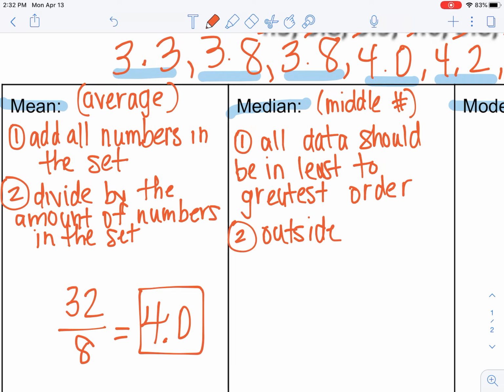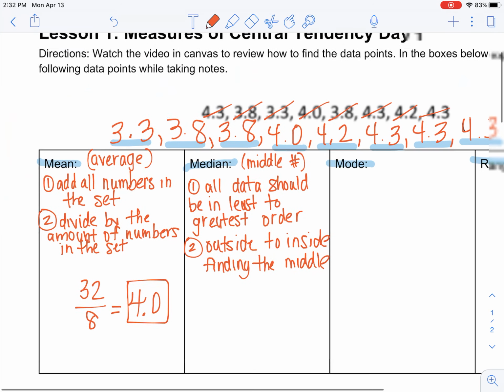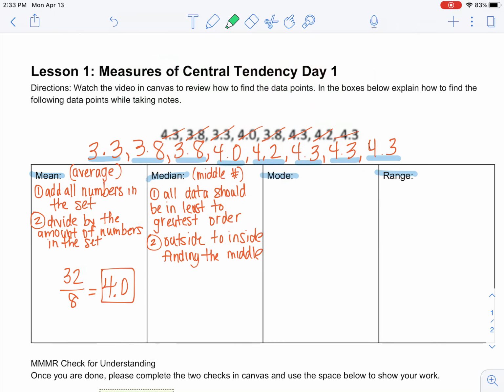Step 2, finding the middle. And I'm going to actually use a different highlight tool to do this. So I'm going to go 3.3, 4.3, 3.8, 4.3, 3.8, 4.3. And this is a great example because there are 2 numbers in the middle of this set.